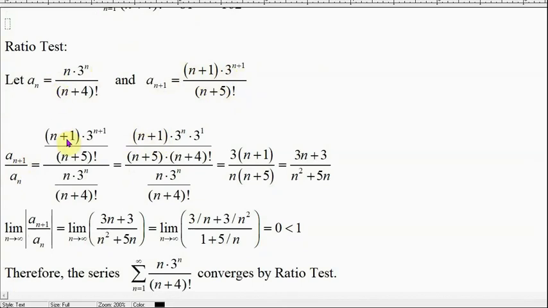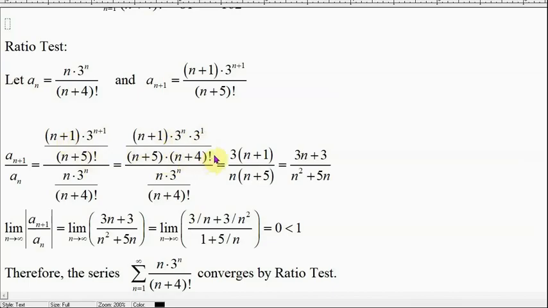The (n plus 1) times 3 to the n plus 1, we can write as (n plus 1) times 3 to the n times 3 to the first. And the (n plus 5) factorial, we can write as (n plus 5) times (n plus 4) factorial.